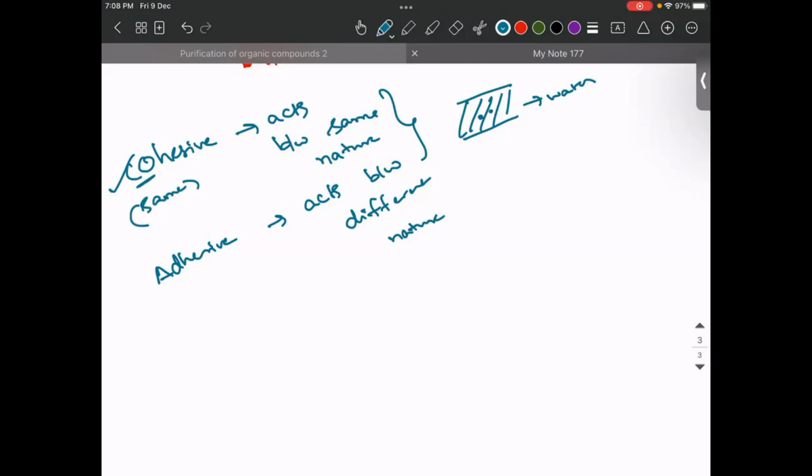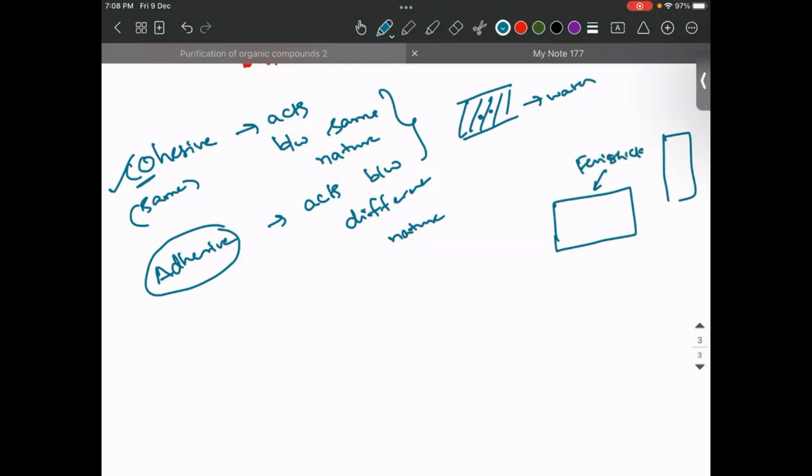Whereas adhesive means, for example, you have a paper which you want to stick to the wall. So you apply some Fevicol or Fevikwik, whatever it is. When this paper is stuck to the wall, it is being held by the wall due to the adhesive force.